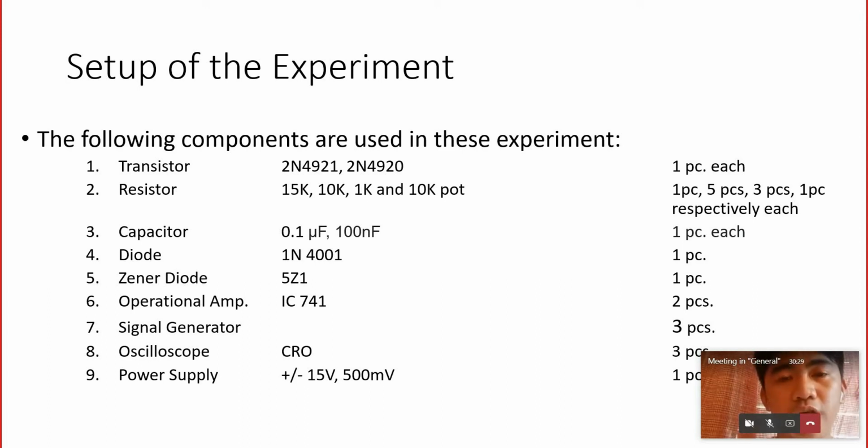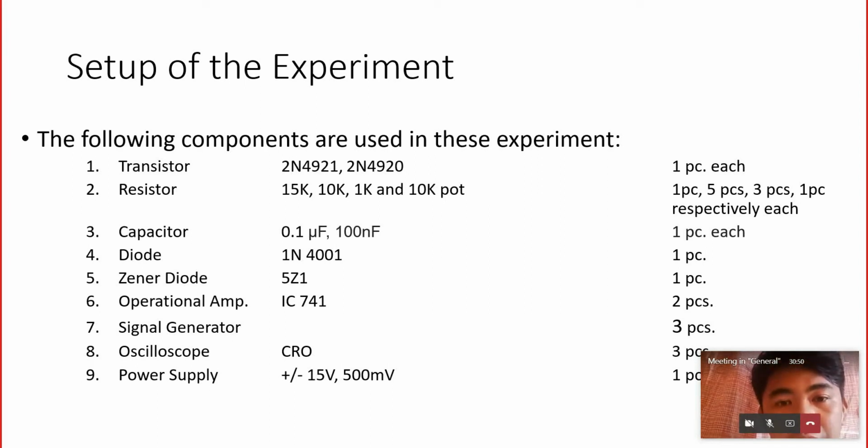Then the capacitor is 0.1 microfarad and 100 nanofarad, 1 piece each. Then diode 1N4001, 1 piece. Then Zener diode 5Z1, 1 piece.